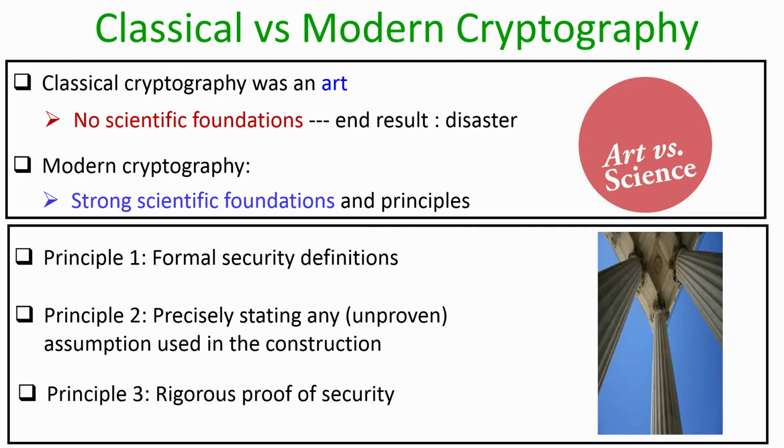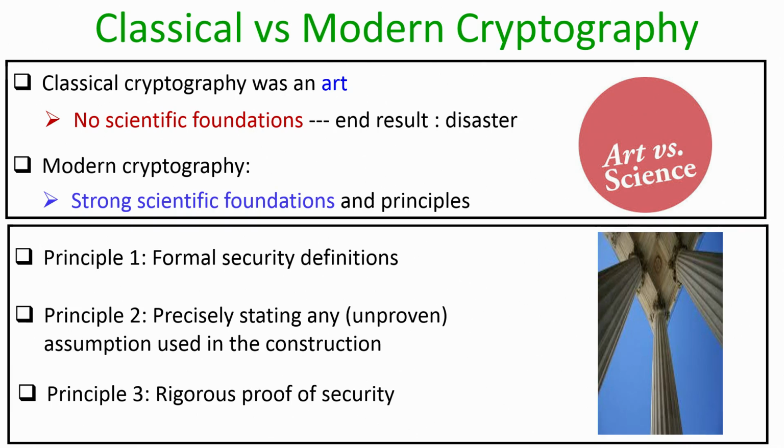The three principles of modern cryptography are: Principle 1 is formal security definitions, where we properly and mathematically define what exactly we mean by security. Principle 2 states that once we have the definition and proceed to construct a primitive which satisfies it, we should precisely state any unproven assumption we are using in our construction.